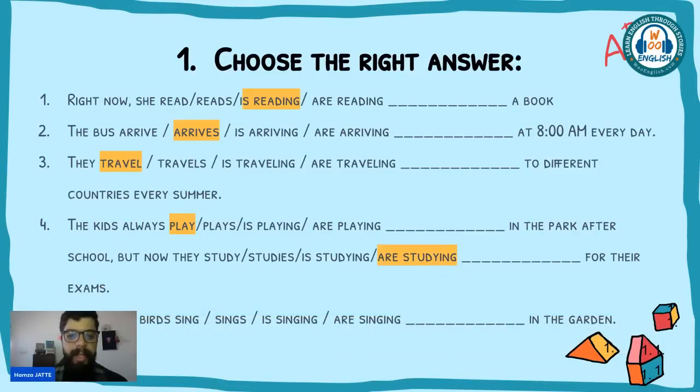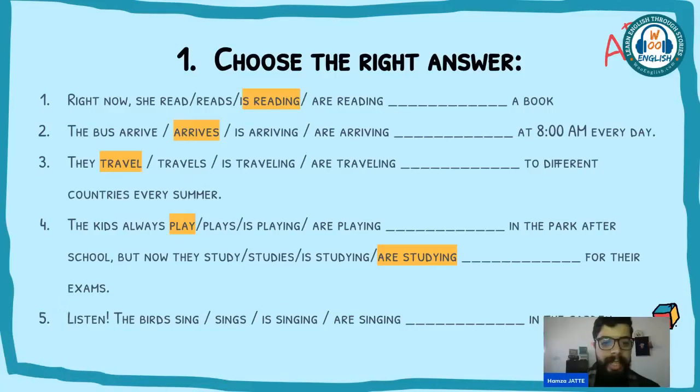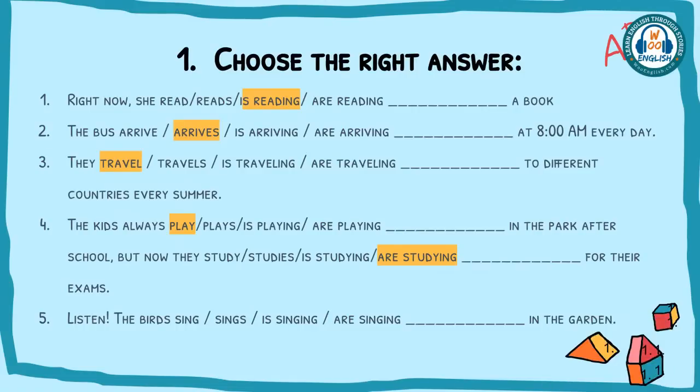Art, studying. Okay, great. So let's reveal it. Indeed, it's are studying because we have now, right? Something that they are doing right now. Okay, let me now go to the last one. The last one. Listen, the birds are singing, or is singing, or sing, or sings in the garden.